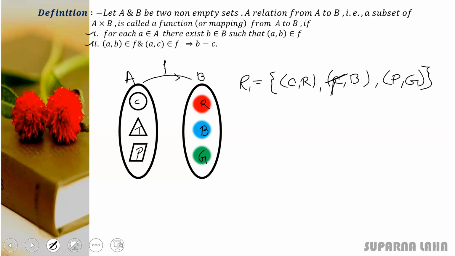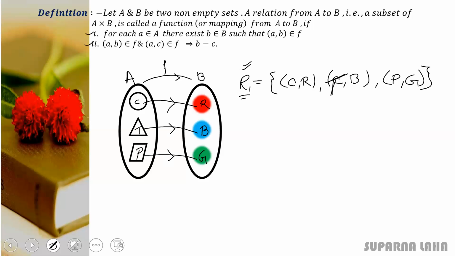These three elements are present in this relation R1. So firstly, draw the diagram. C is related to R, T is related to B, and P is related to G.